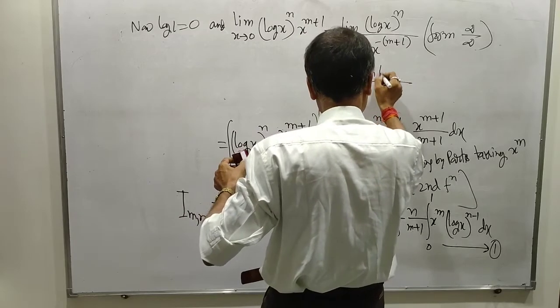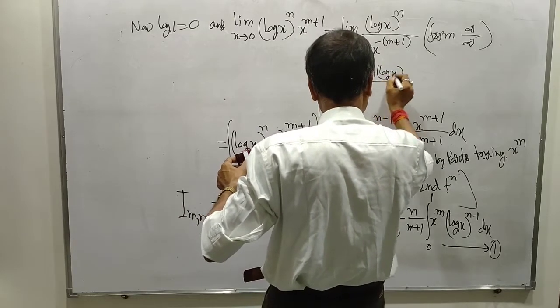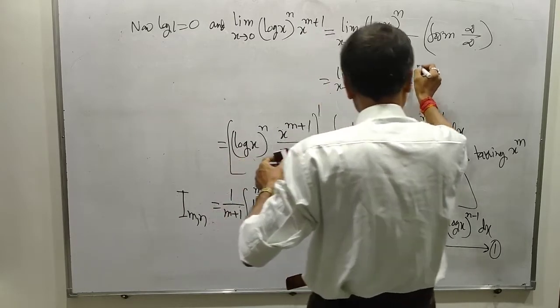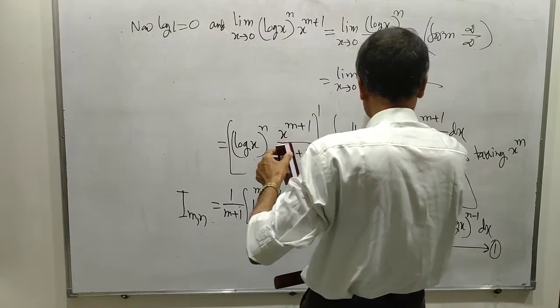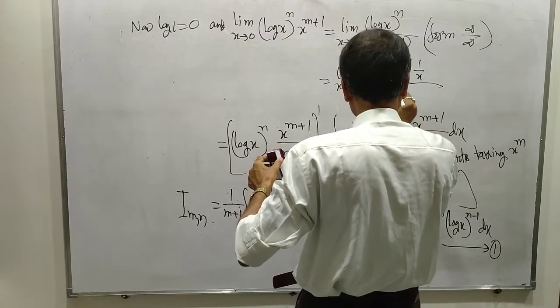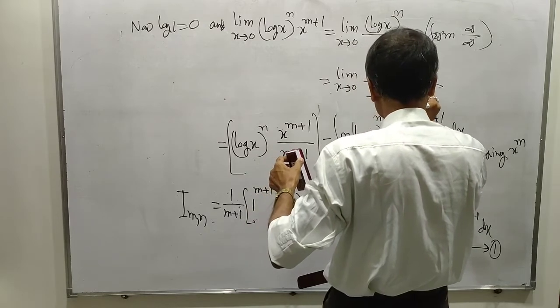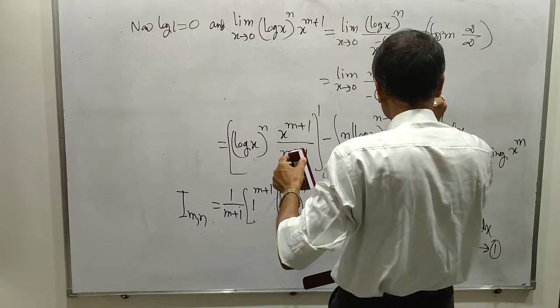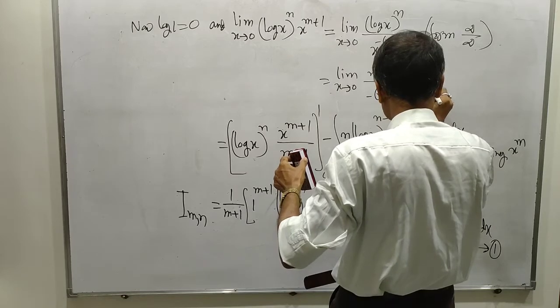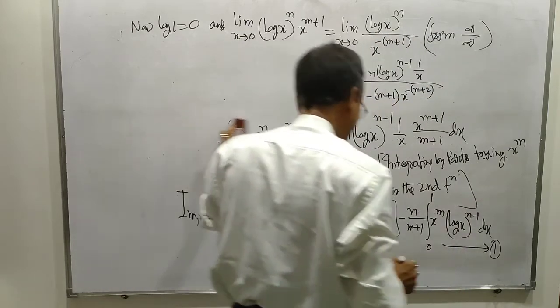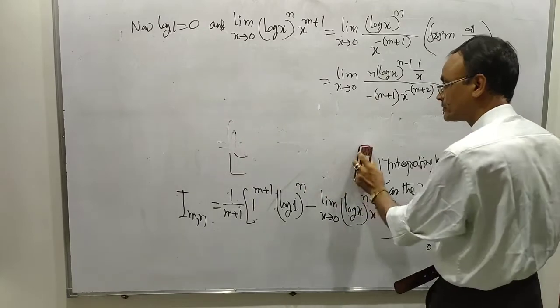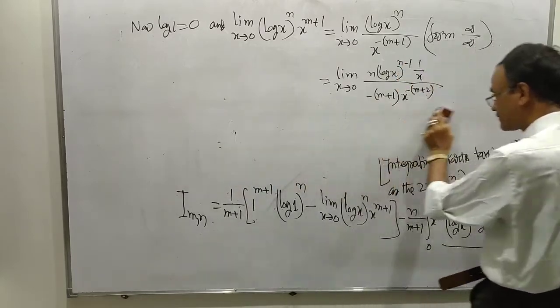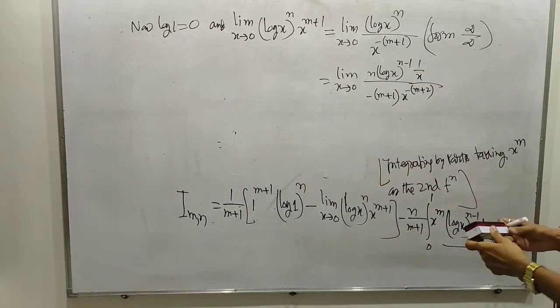Then you will get n (log x)^(n-1) into 1 by x. You will get minus (m+1) x to the power minus (m+2).